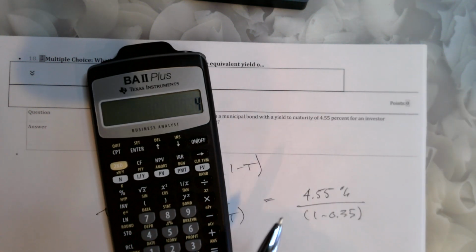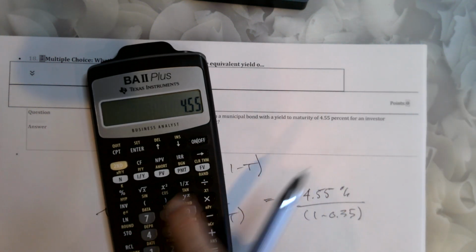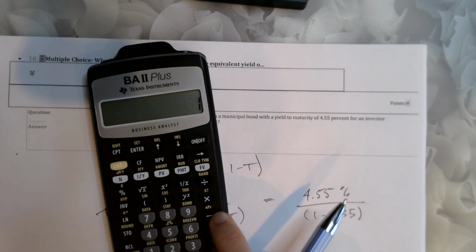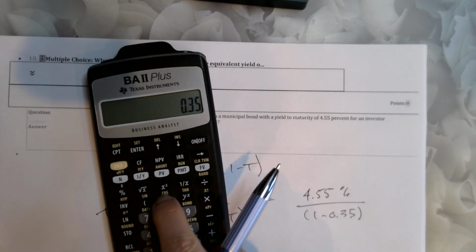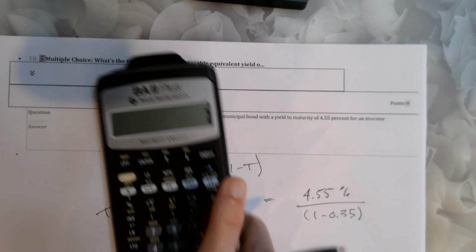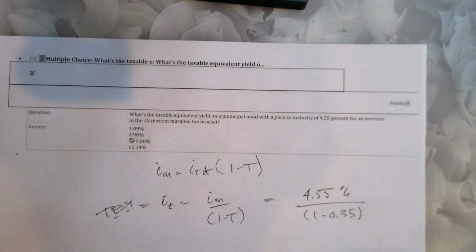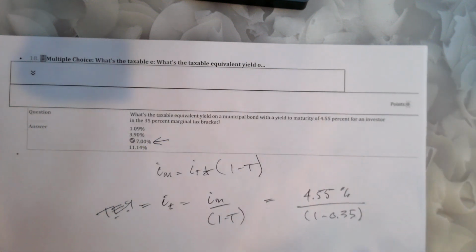And so here's how we're going to do this in the calculator. We're going to say 4.55 divide by, open parentheses, 1 minus 0.35, close parentheses, equals 7%. And 7% is indeed the correct answer.